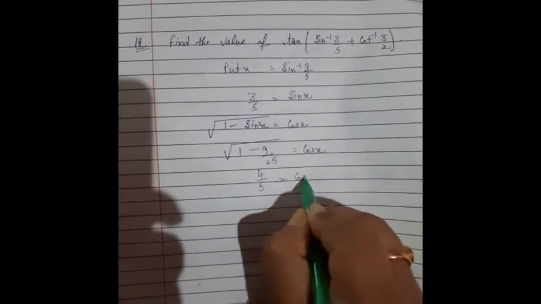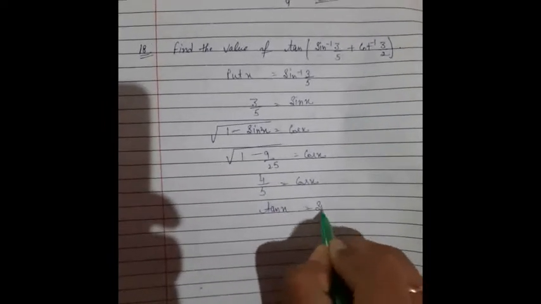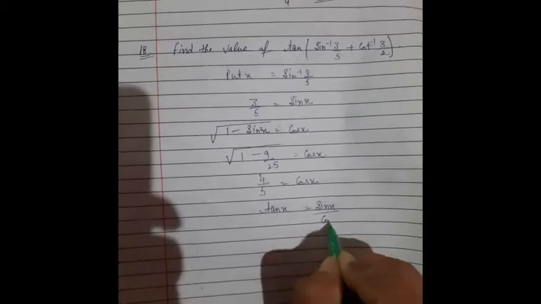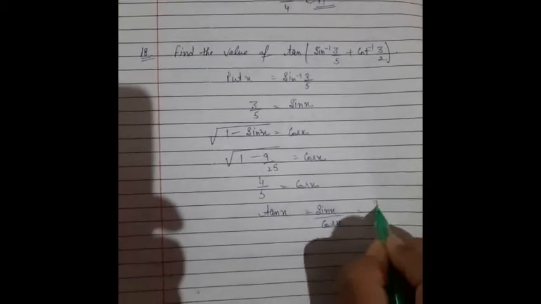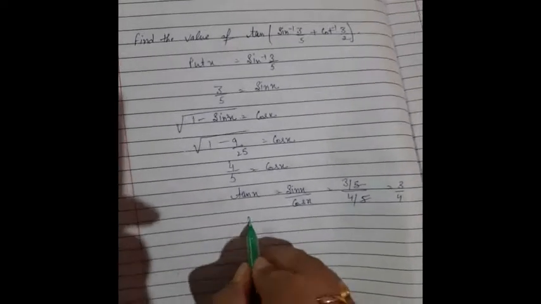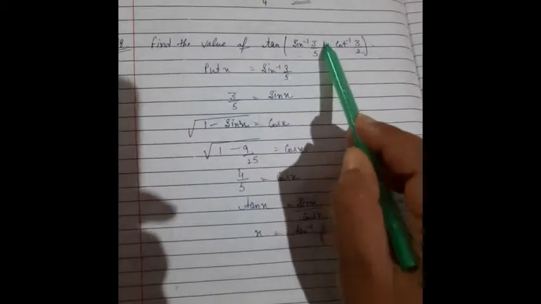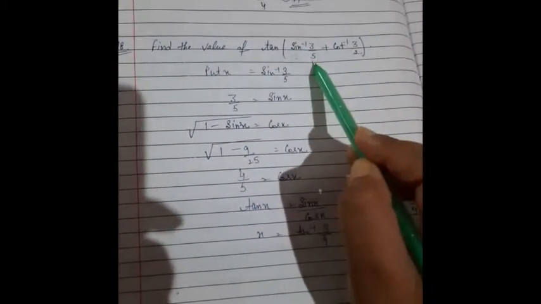This is equal to cos x. And tangent x is sin x upon cos x, that means 3 upon 5 upon 4 upon 5. 5 cancels 5, this is 3 upon 4. That means x equals tangent inverse 3 upon 4. So you can write here tangent inverse 3 upon 4.